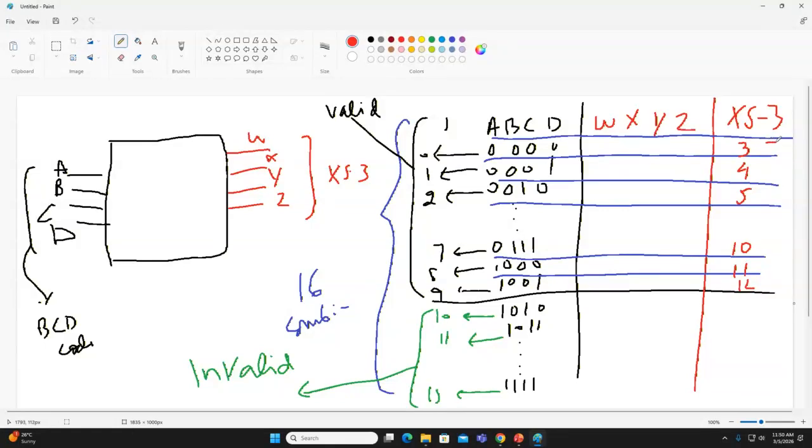What are the valid codes for XS3? From 3 to what? 12. So XS3 valid codes are from 3 to 12, and BCD valid codes are from 0 to 9. Now if we convert this 3 into binary, what will be the code? Can anyone tell me?